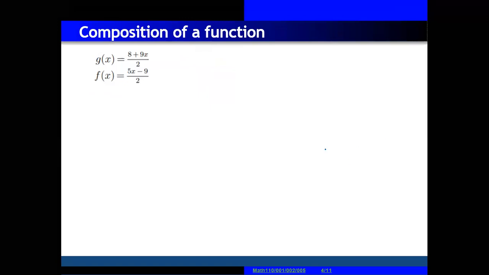Now the next one is a difficult one, composition of a function. We have g of x and f of x. So how can we find g composition with f or f composition with g? Let's suppose g of f of x. First of all, write down the first function, g: 8 plus 9x divided by 2.